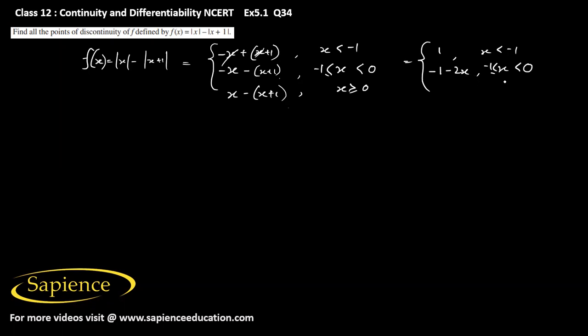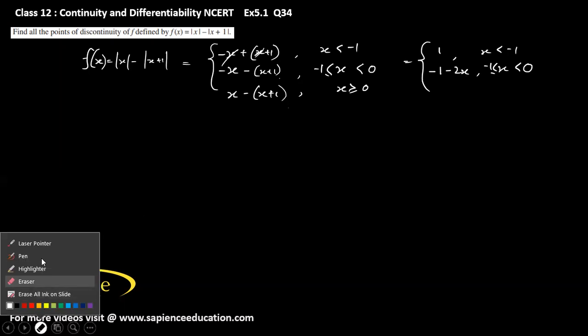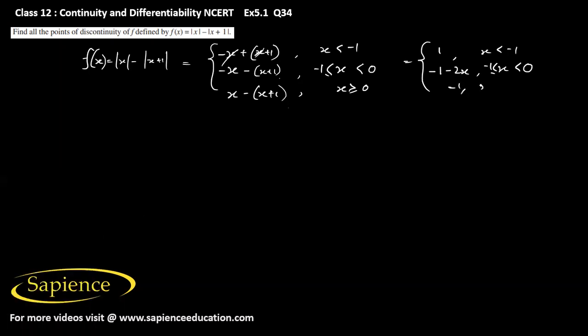Then this is x minus x minus 1, so this will be equal to minus 1 only. So this will be equal to minus 1 if x is greater than or equal to 0.